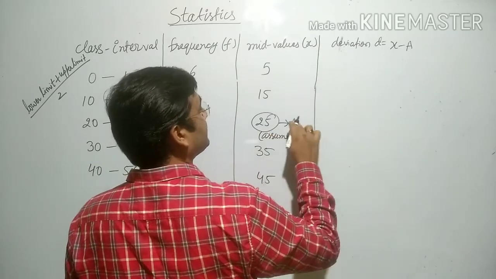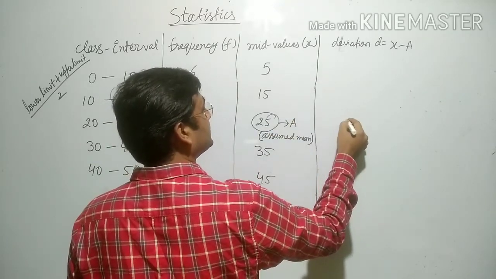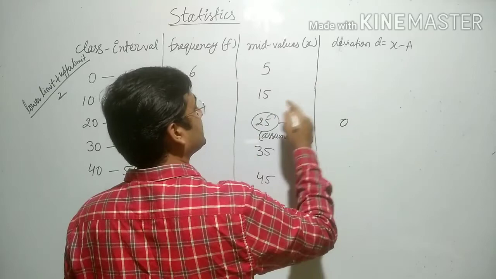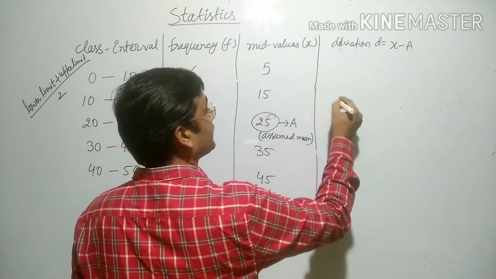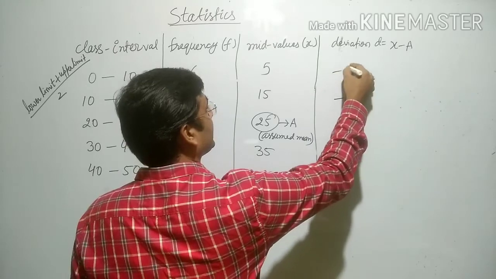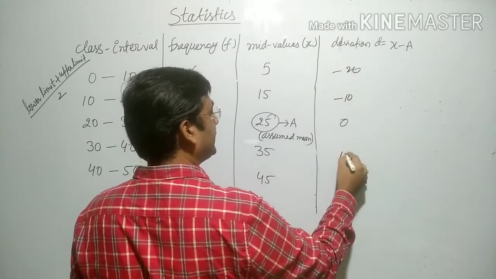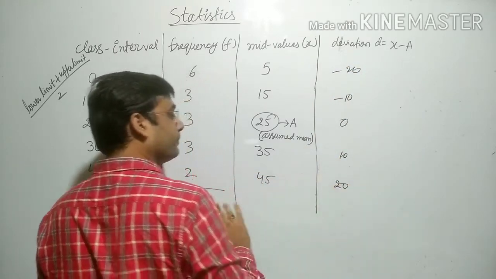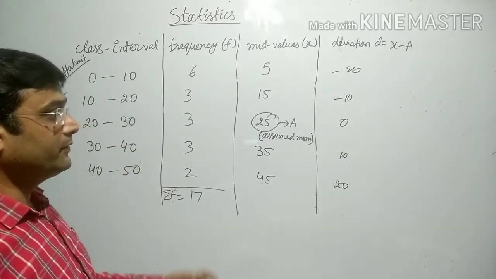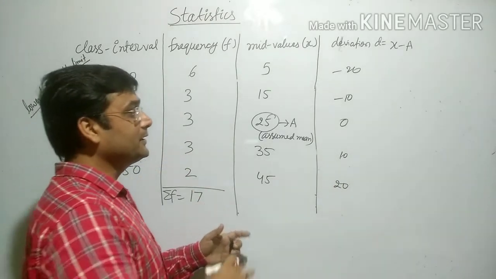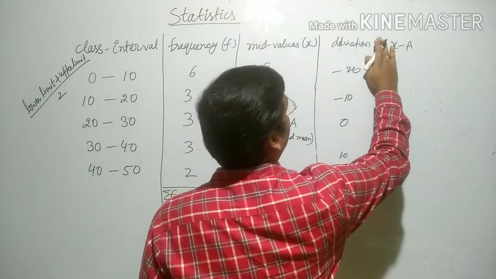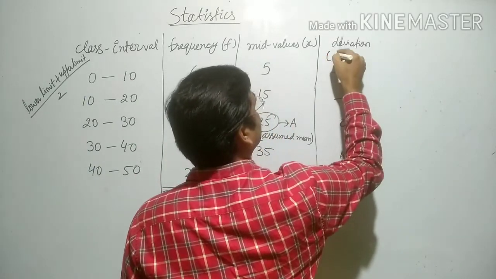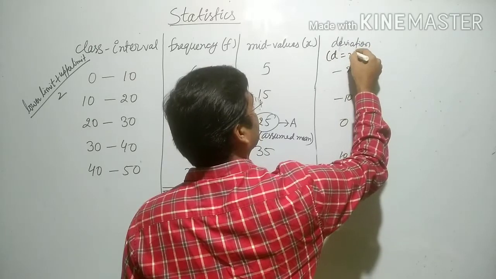It will be 25, so 25 minus 25, it will be 0. Then in the next step, x minus a, that means 15 minus 25, it will be minus 10, and then minus 20. Here it will be 10, here it will be 20. Whenever we are getting the same type of thing here, then that calculation is quite easy. So now I am writing this here, then it will be easy for writing x minus a.